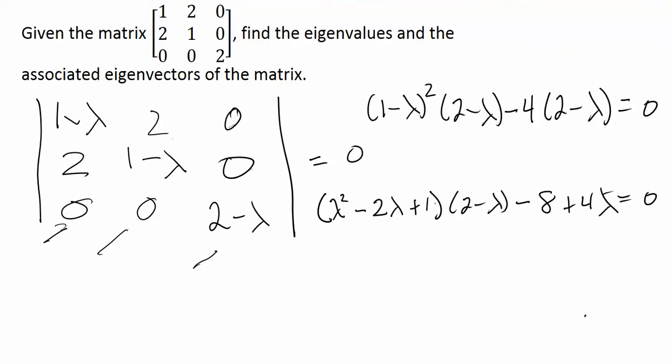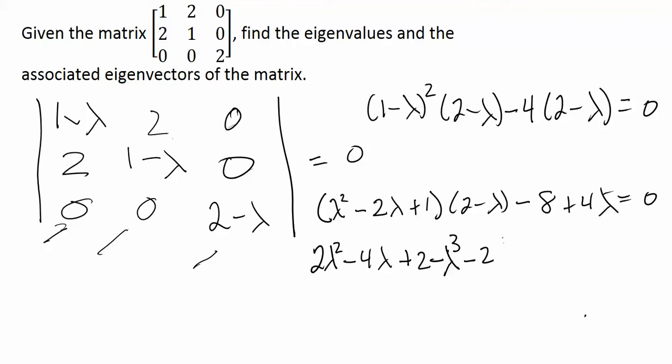When I multiply this out, I get 2 lambda squared minus 4 lambda plus 2 minus lambda cubed.